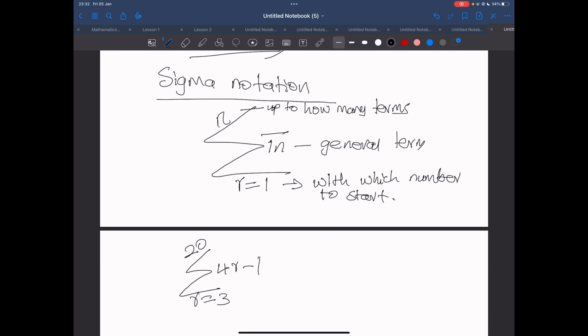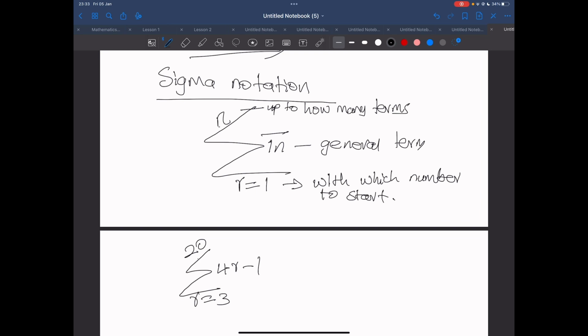Right, now we are expected to add terms from substituting with 3 up until substituting with 20. So we substitute r with 3 and we count upwards up until 20. So we are going to add all those terms.